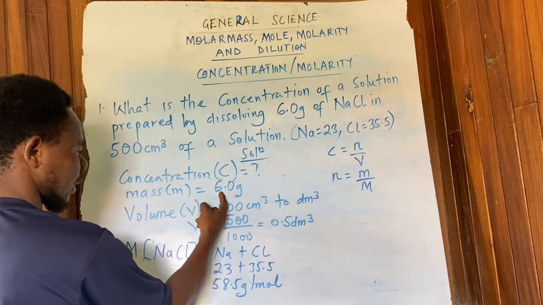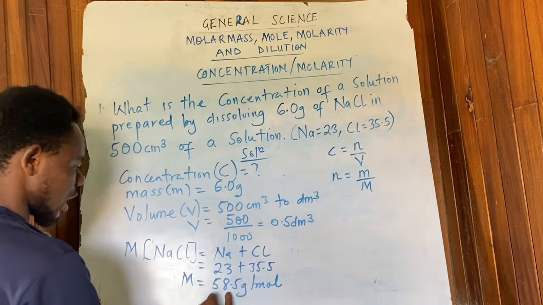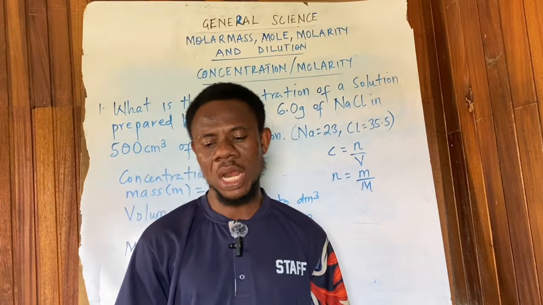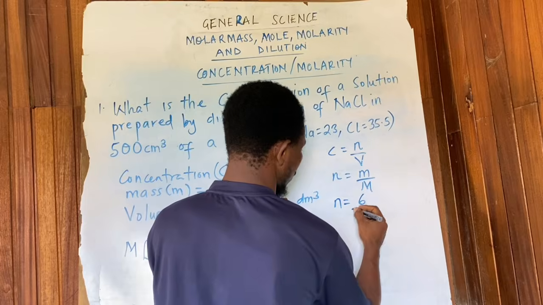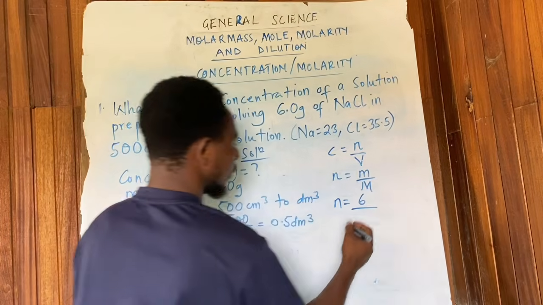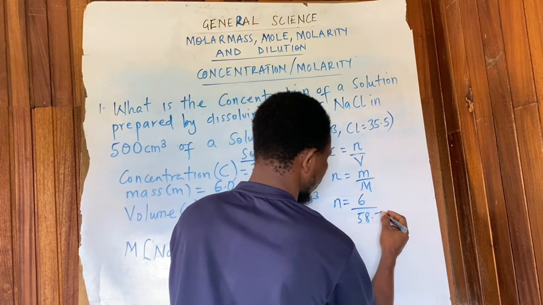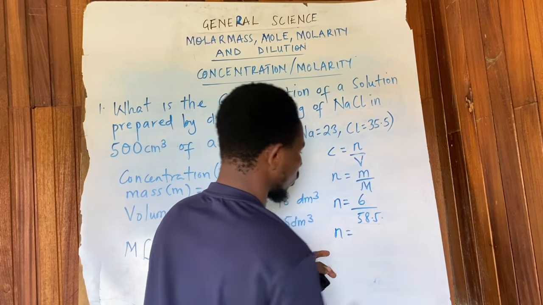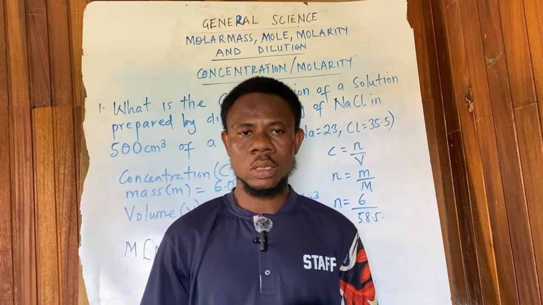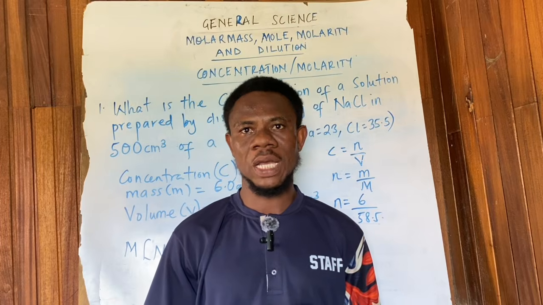Where is small m? 6. Big M is 58.5 grams per mole. So n is equal to the mass, 6, over the molar mass, 58.5.